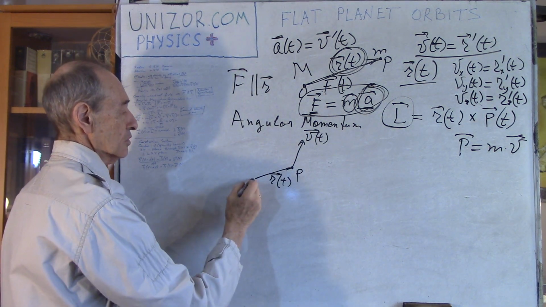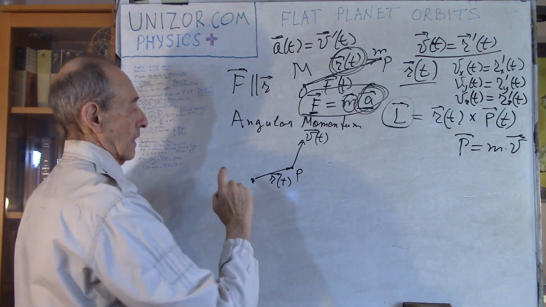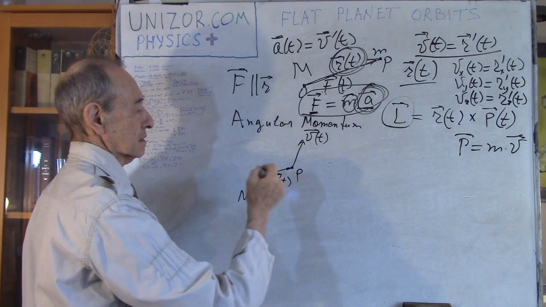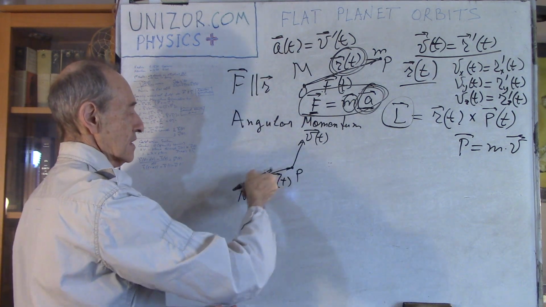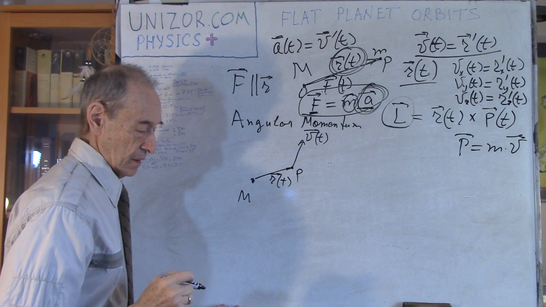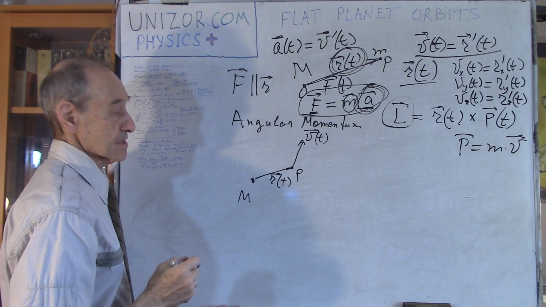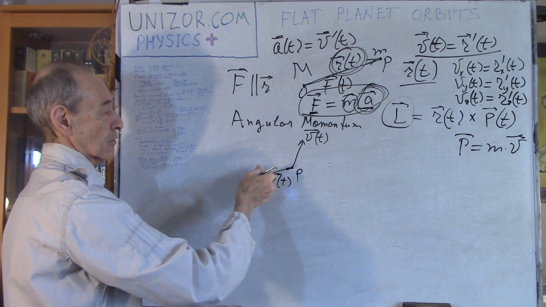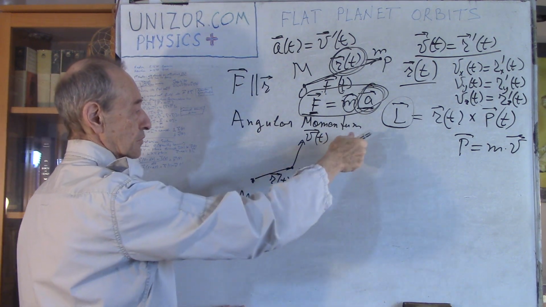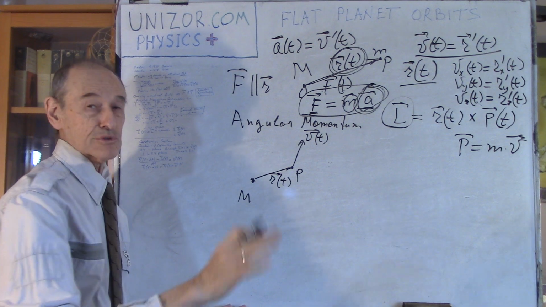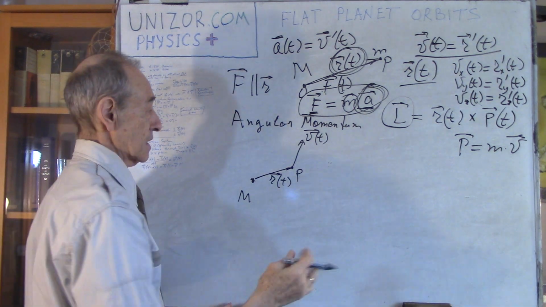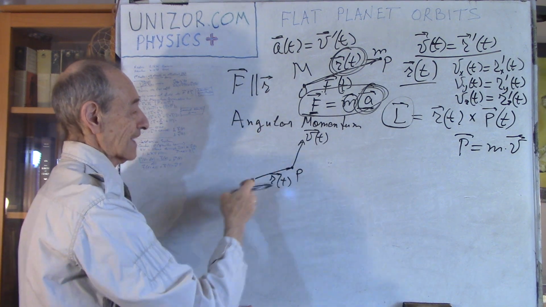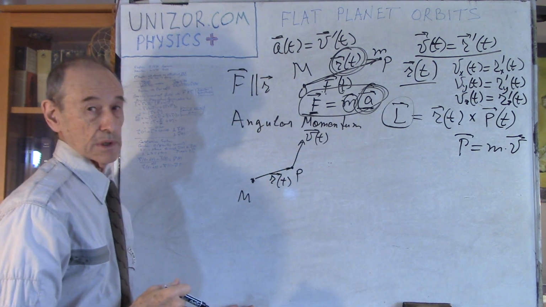Now I assume that the velocity is directed not along the position vector, because in this case the movement would be either towards the mass or outside, away from the mass, along a straight line. It's a trivial case, we are not discussing this basically. So the vector of velocity is at some angle with the vector of position.